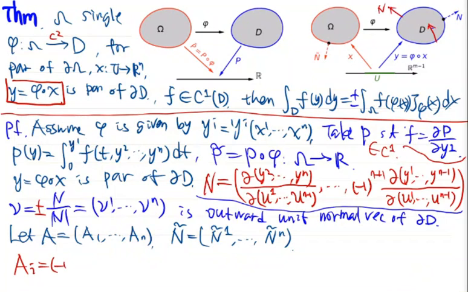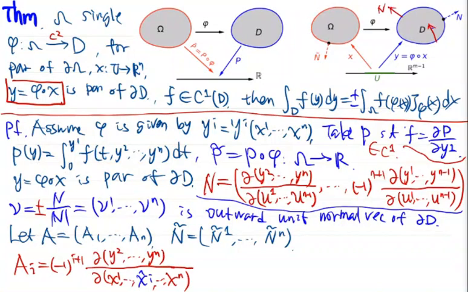AI is (-1)^(I+1) times the Jacobian determinant of Y2, ..., Yn with respect to x1, xi missing, ..., xn.